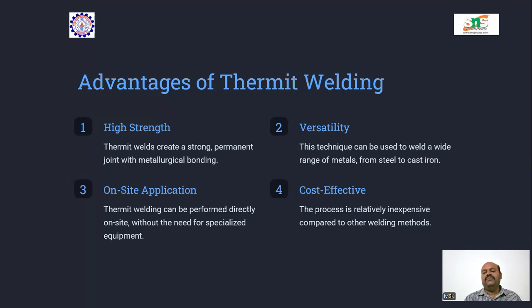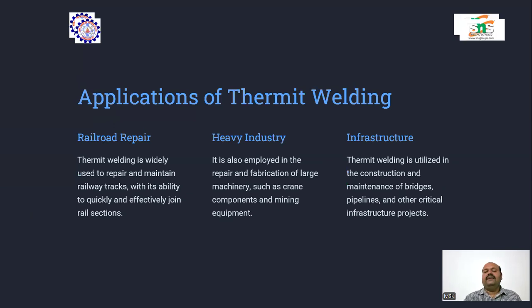We can take the equipment to the place where it has to be installed. That is an on-site application, and it is relatively inexpensive compared to other processes. So it is a cost-effective process. I hope you all understood what thermit welding is, and the major applications here are railroad, heavy industry, and infrastructure. These three are where thermit welding is being extensively used.